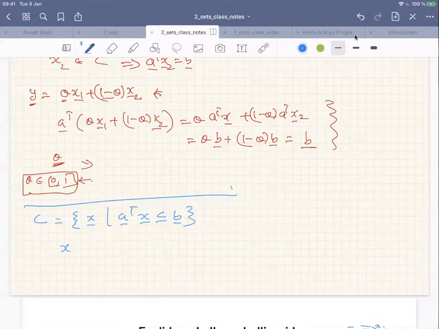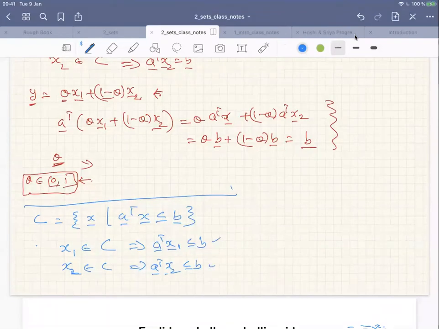Let's take two vectors, x1 belongs to C, x2 belongs to C. For the half space, what does this mean? A transpose x1 is less than or equal to b, and A transpose x2 is less than or equal to b.